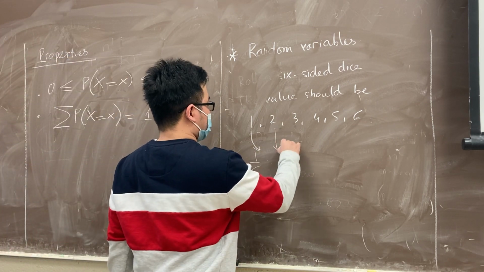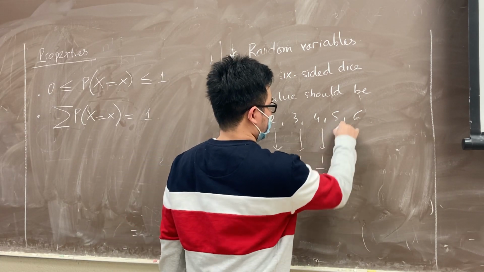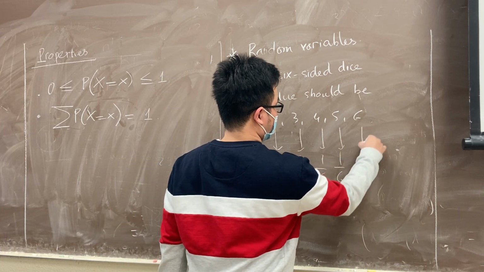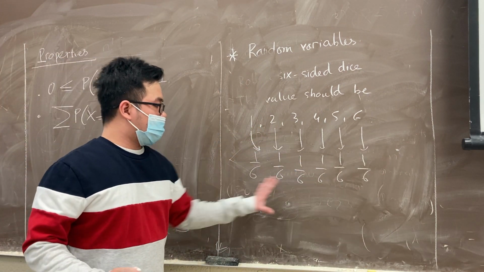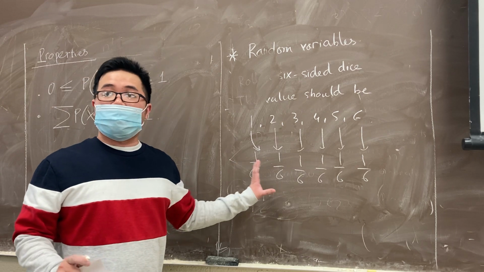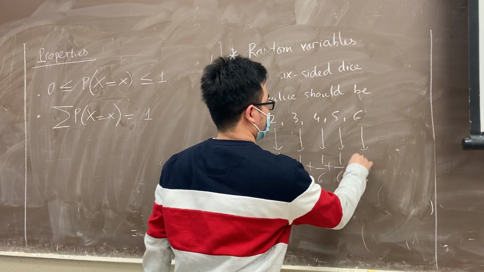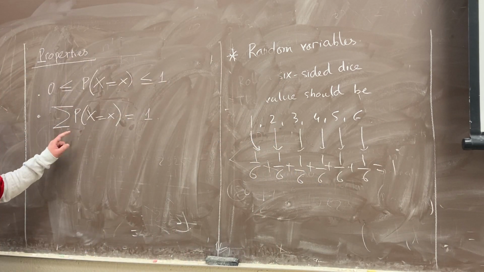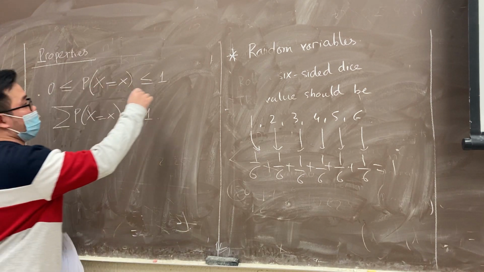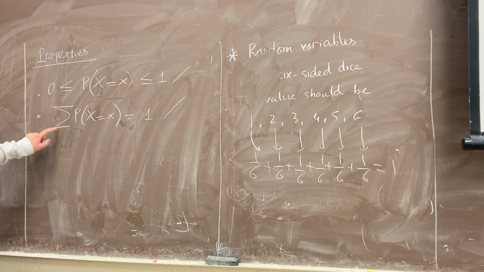And it is the same with 2, right? 1 over 6 for each value. And you can see that the sum of all possible results should be 1, right? 1 over 6 plus 1 over 6 and so on, six times, equals 1. So this is the second property. You have two properties that you need to remember: the first one and the second one.